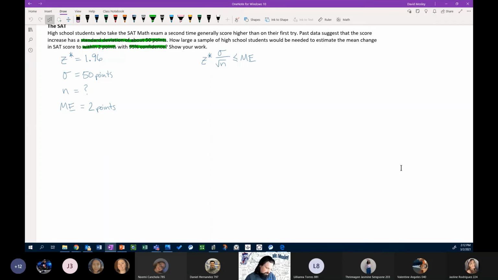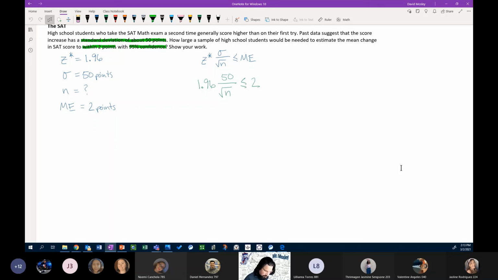So now we're going to replace everything. Z star is 1.96, sigma is 50 divided by square root of n, and it's less than or equal to 2. We need to rearrange this to solve for n.